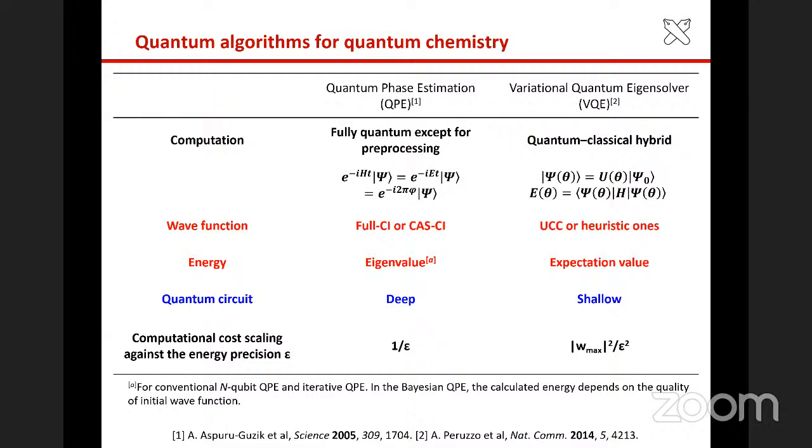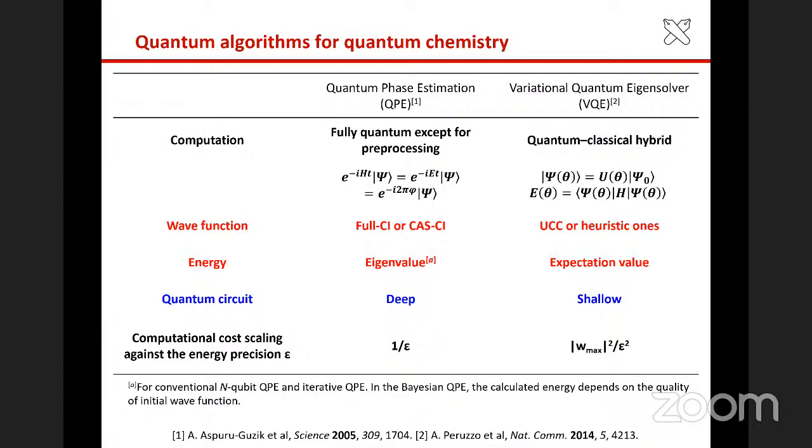And there are two major quantum algorithms for quantum chemistry. One is the quantum phase estimation, and another one is the variational quantum eigensolver, VQE. QPE is, basically, we compute the electronic state fault-tolerantly.